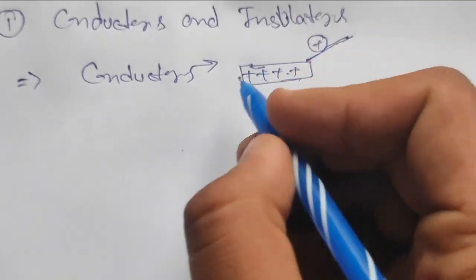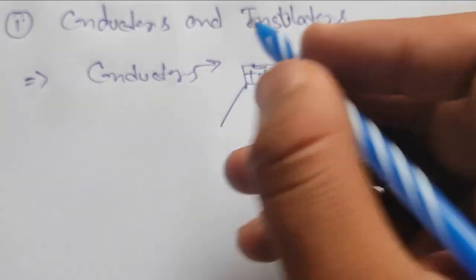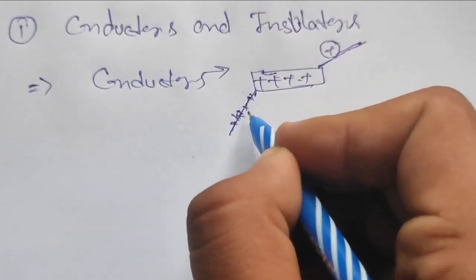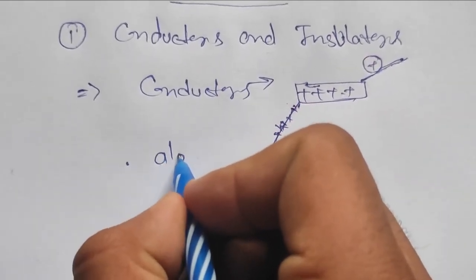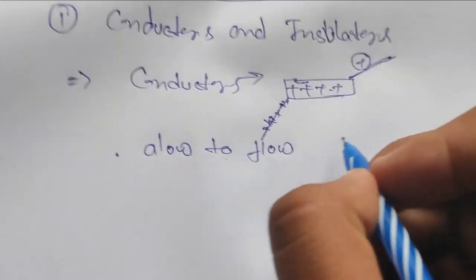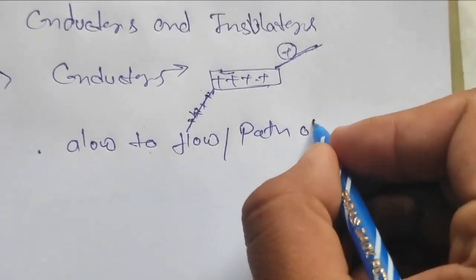If I attach the next rod which has some negative charge, this charge can travel through that as well. So a conductor allows the flow, the path, of charge.